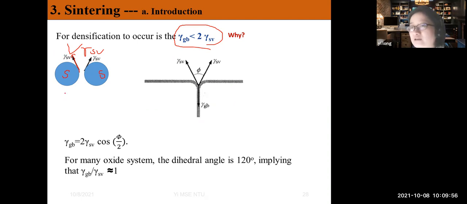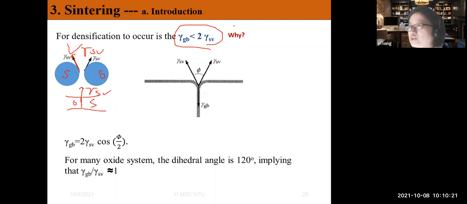Now the 2 solid particles come together, and they're going to form something like this. This one is still solid, and this one is still solid. So I'm asking you, what does this gamma change to? Is it still SV? What is the interface of this solid now?